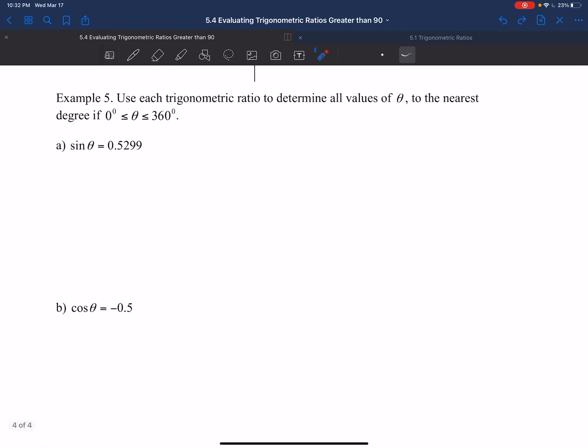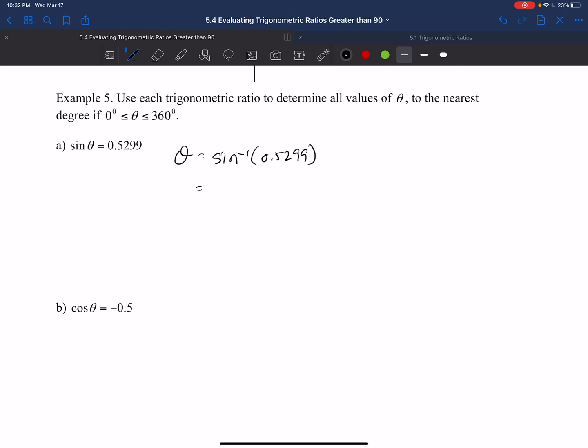Now, use each trig ratio to determine all the values of theta from 0 to 360. So it starts out fairly simple. You just put it in your calculator. So theta is arc sine of 0.5299.